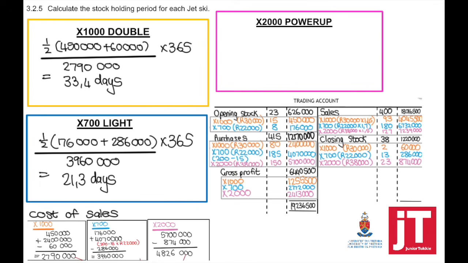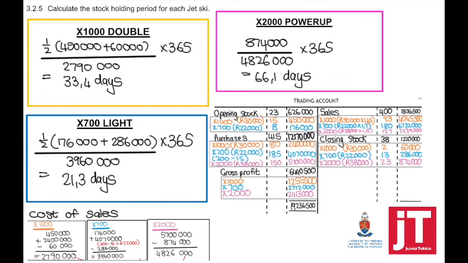Looking at X700 Lite, it's my opening stock plus closing stock divided by 2 divided by cost of sales times 365, which means 21.3 days. X2000 Power Up, remember now, there's no opening stock.